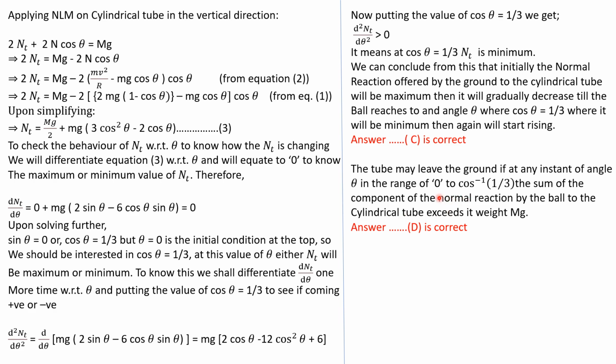Because when the vertical component of the normal reaction is more than the weight of the cylindrical tube, the tube will leave the ground. An unbalanced force will be available to lift it up from the ground. So it may leave depending on this condition. So answer D is also correct because it is saying 'may'.